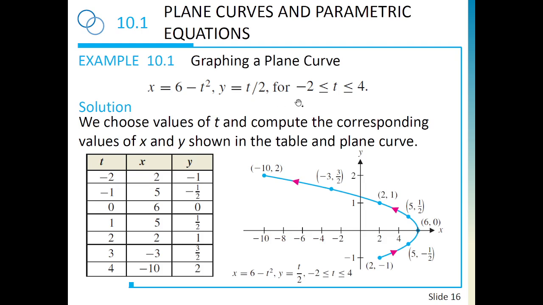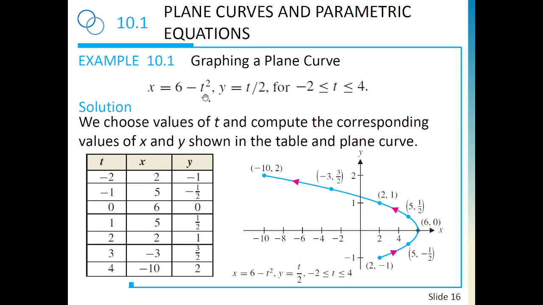So at t equal -2, we have 6 minus (-2) squared, which is 4, so 6 minus 4 is 2 here. And then we plug t equal -2 into y, we get -1, so here it is. So at t equal -2, the point is (2, -1). So point here (2, -1). And then so on, we plug some different values for t.